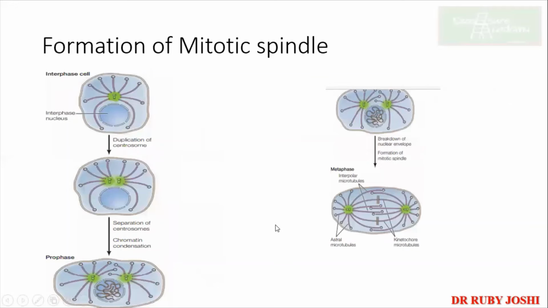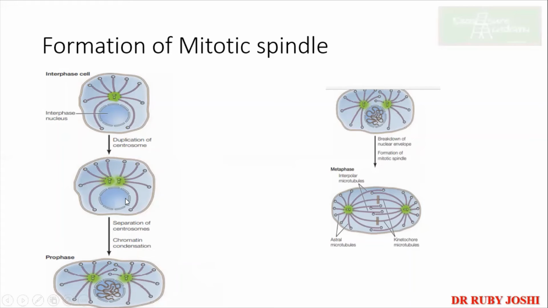Okay, now how these mitotic spindles are formed. In the interphase, you know that all this duplication is happening, right? Your DNA is getting duplicated, and all your proteins and enzymes are getting duplicated. Till the time your DNA is getting duplicated, by that time the centrosome is also getting duplicated.